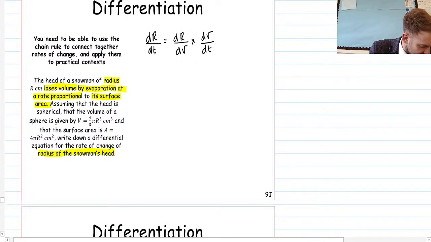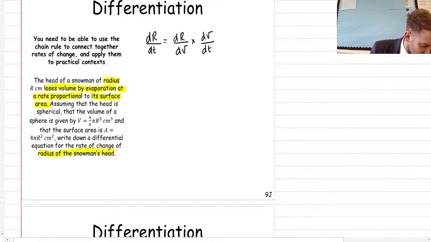So the first thing I'd probably do with this is find out what the rate of change in the volume is.